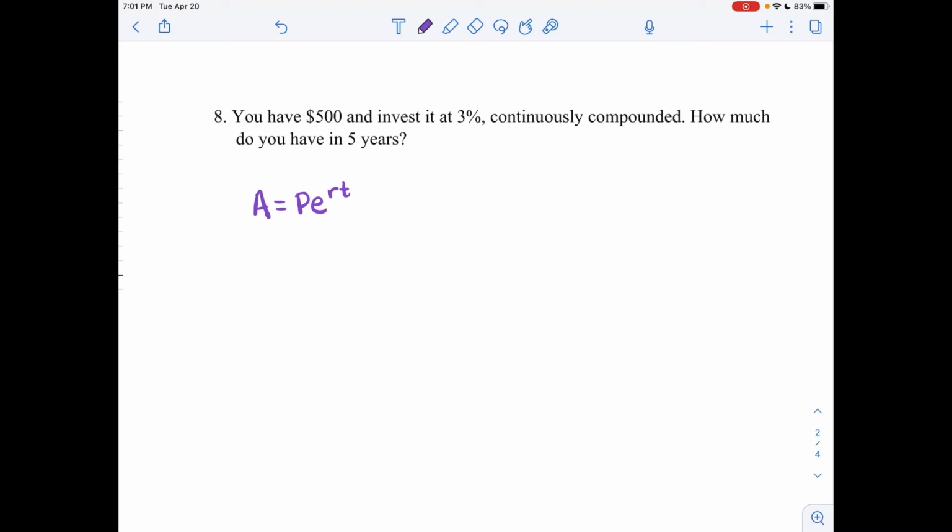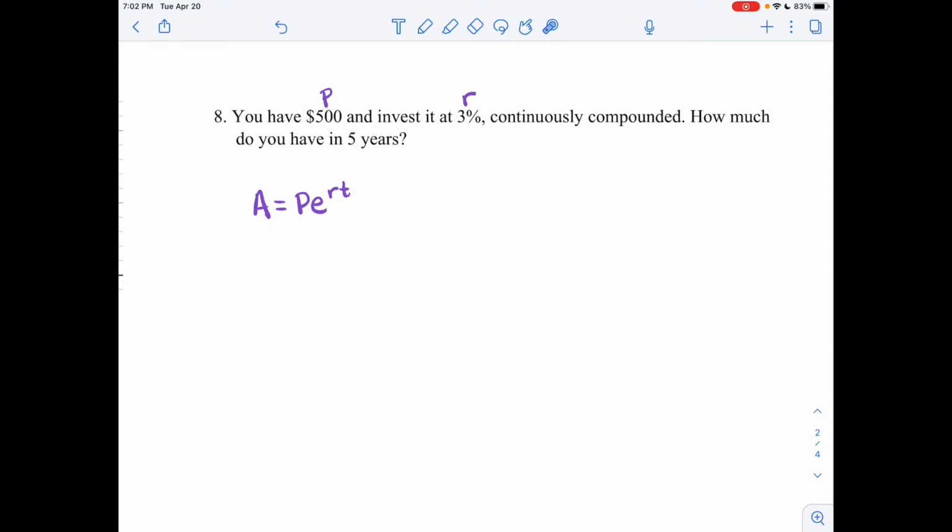So let's go ahead and identify what we know and then figure out what we need to find. So we know that we're starting with $500. So that is our P value. We're investing it at 3%. So 3% is R, but remember, we're going to have to make that into a decimal instead of a percent.